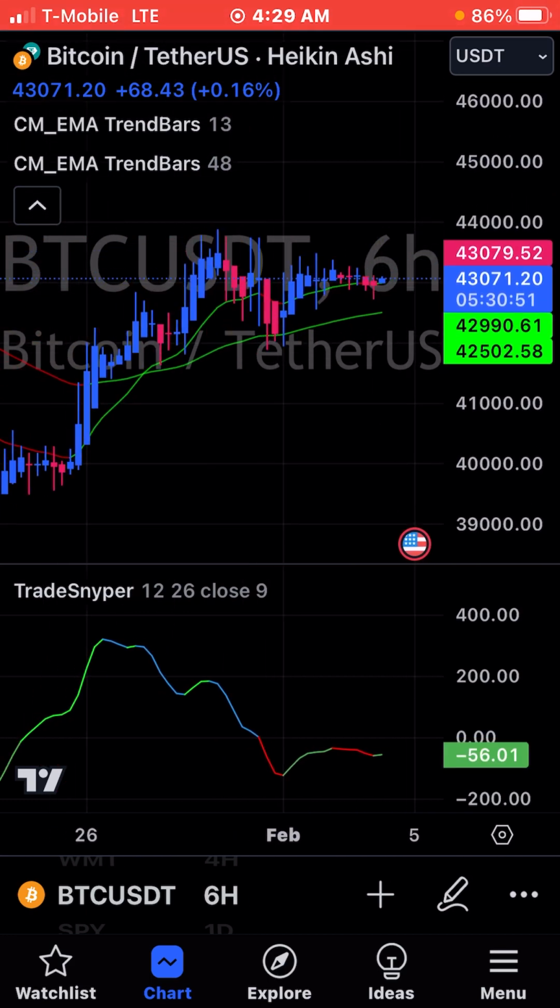This indicator here looks pretty simple, but it's pretty powerful depending on how you're using it. So when I saw this indicator, immediately what I did is I went to the longer time frames to see how well it worked. And it points out all the key moments of when everything's going up and when everything's going down on a weekly.